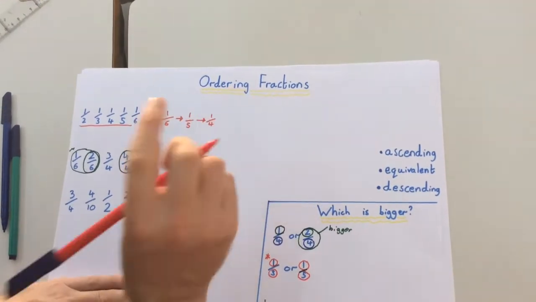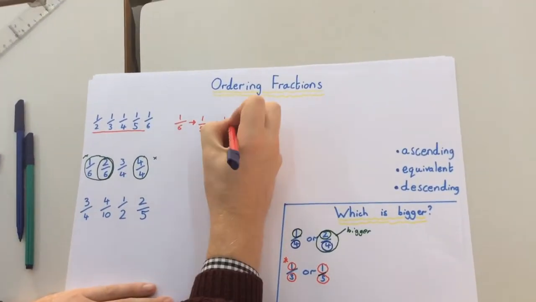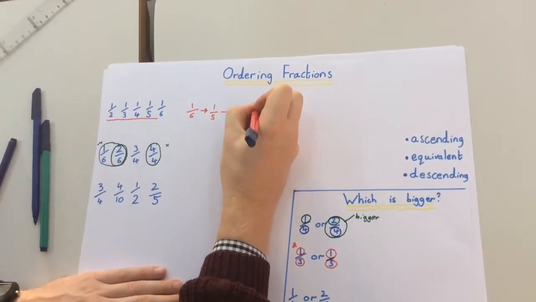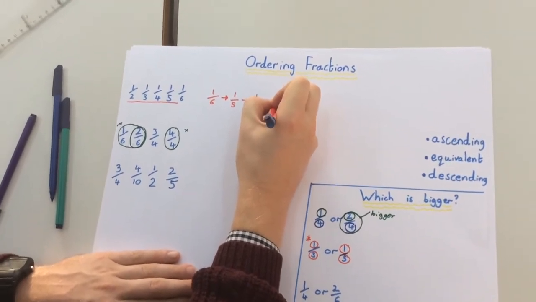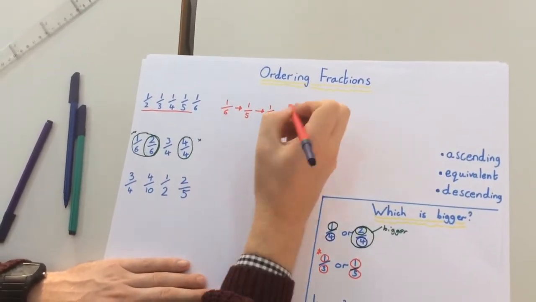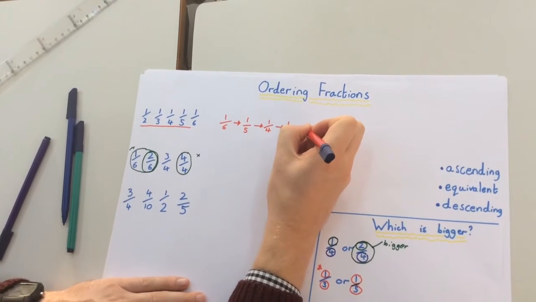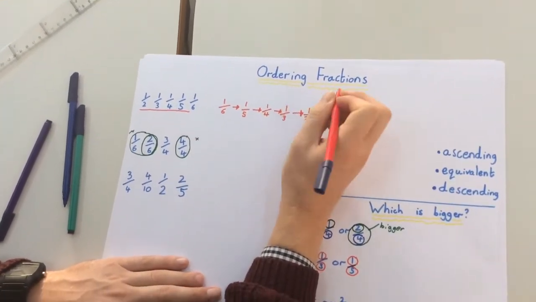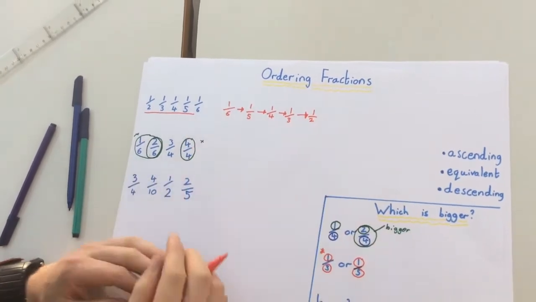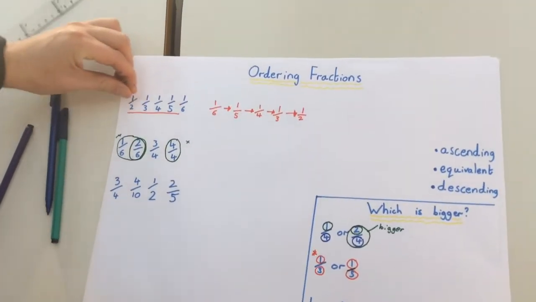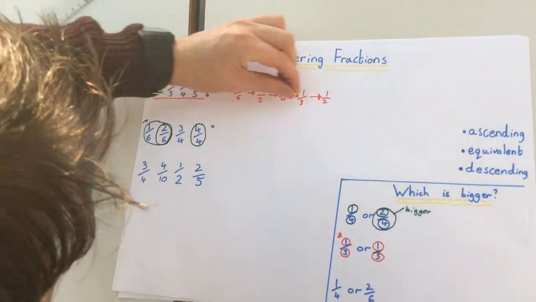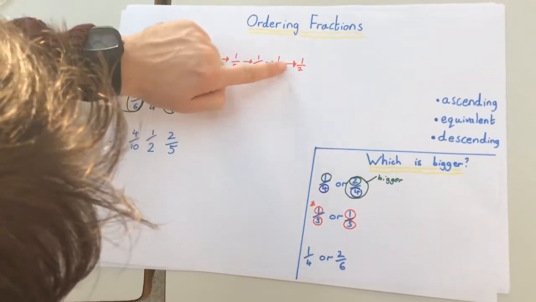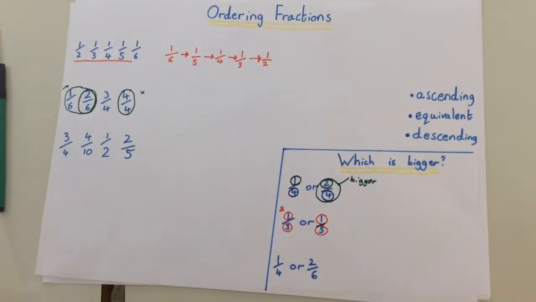So the piece that you get is a little bit bigger. Now we're getting really greedy, and we break our cake into 3 pieces, so it's a little bit bigger. Now we break our pizza into just 2 bits, 2 huge bits, a half each, and that's bigger. So when the numerator is the same, the denominator matters, but the smaller the denominator, the bigger the fraction.